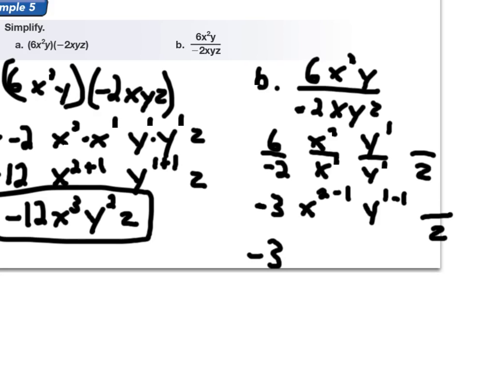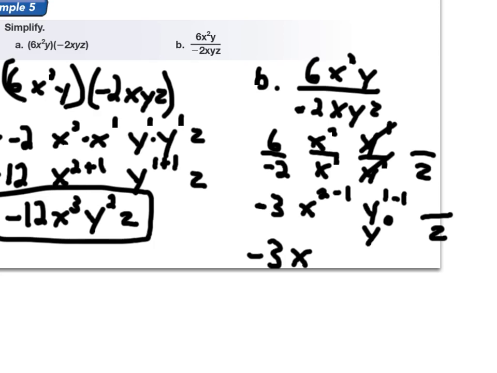X to the 2 minus 1, that's just x to the 1, or just x. Y to the 1 minus 1, that's y to the 0, which is the same thing as 1. So I don't even really need to put that there, because multiplying by 1 isn't going to change this. So what happened is those y's basically just canceled each other out, because we had one on top and one on bottom.